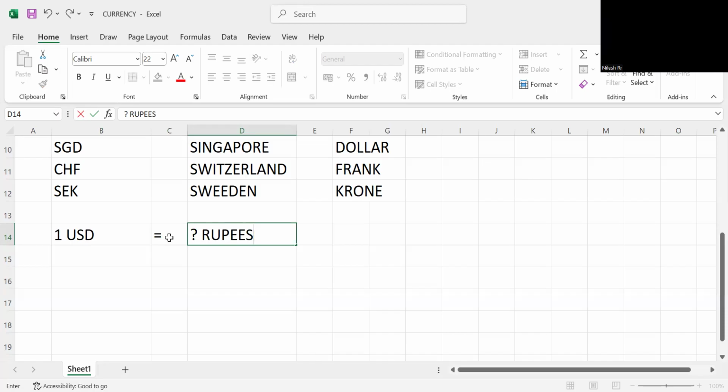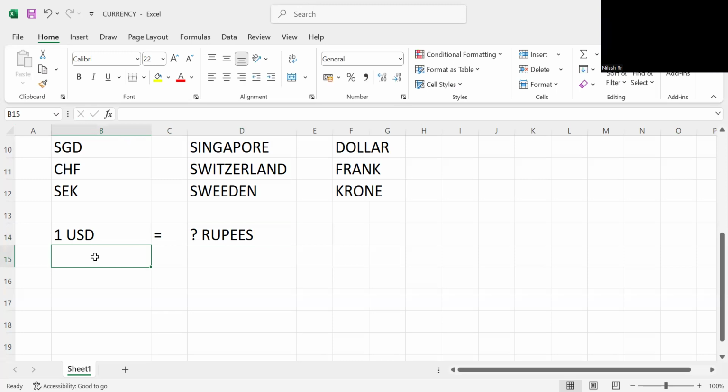If I work out with today's rate, what is the rate of USD as of today? It's around 1 USD for INR 86.85, today's rate. We have to pay 86 rupees and 85 paisa.